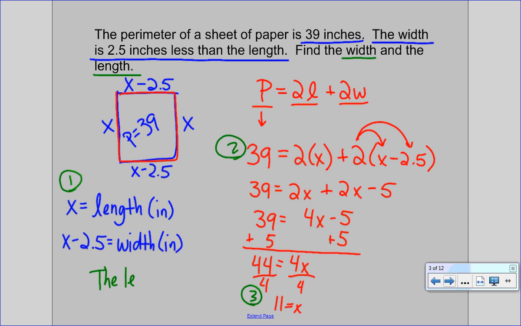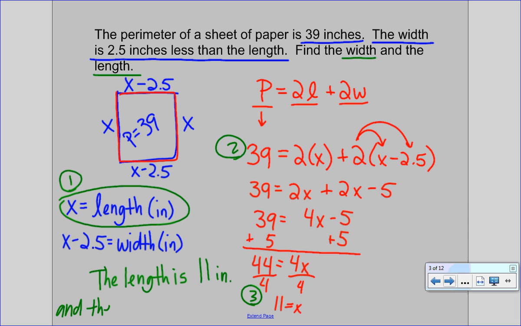The length is 11 inches. And I can see that by using this part right there. X, which is 11, equals the length. And the width is, to determine this part, I look at what else I labeled at the start.